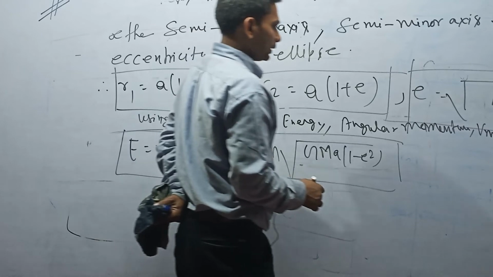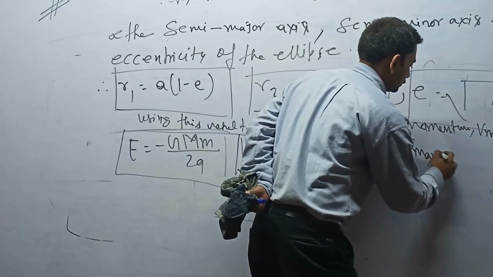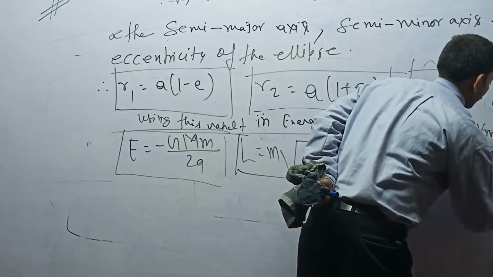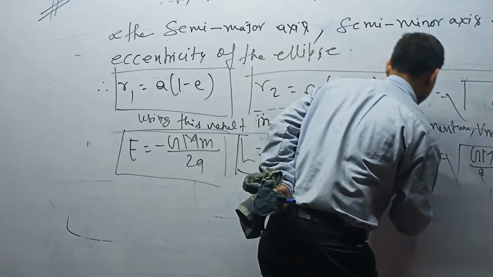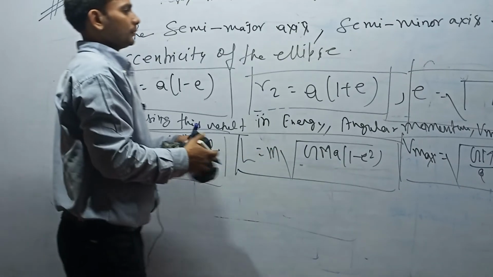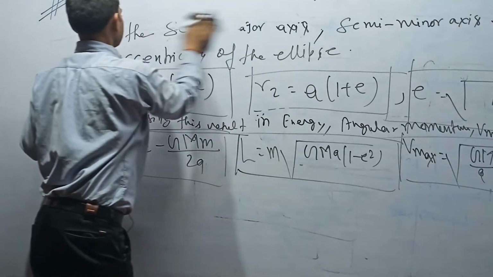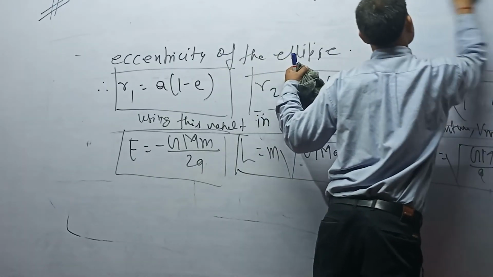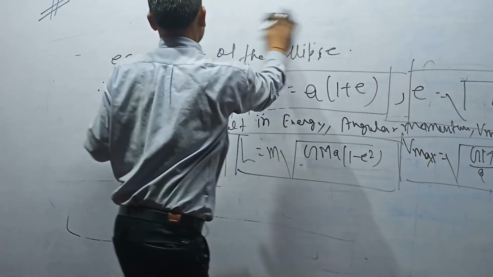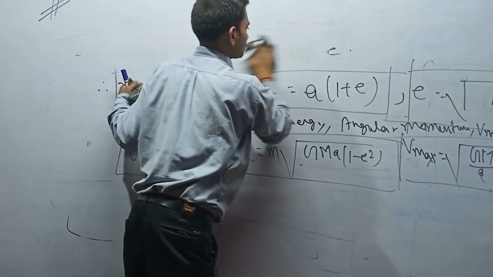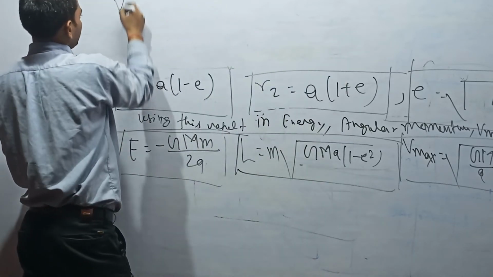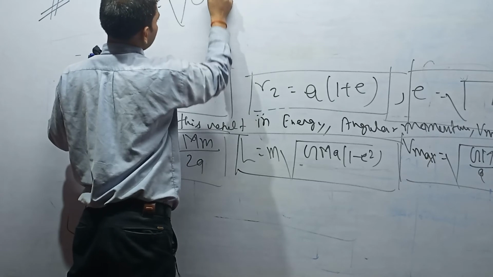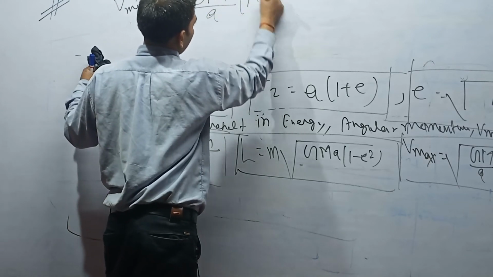Now V maximum is equal to under root capital G M upon A into (1 plus e) upon (1 minus e), and V minimum is equal to under root capital G M upon A into (1 minus e) upon (1 plus e).